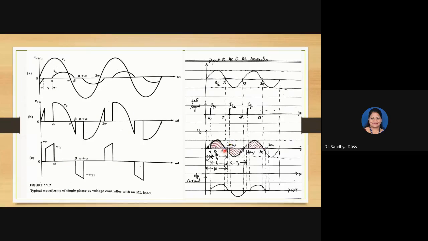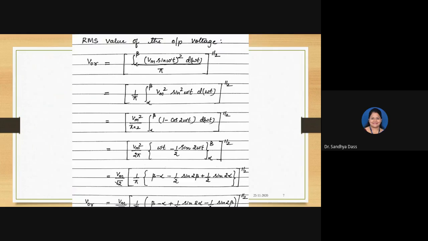So if you square this area of your output, even that will be positive, isn't it? So if you observe that the response is repeating for every pi radians, so the output, we can take it from alpha to beta, which could be repeating every stage. So that's why we are taking the limits from alpha to beta, all right?